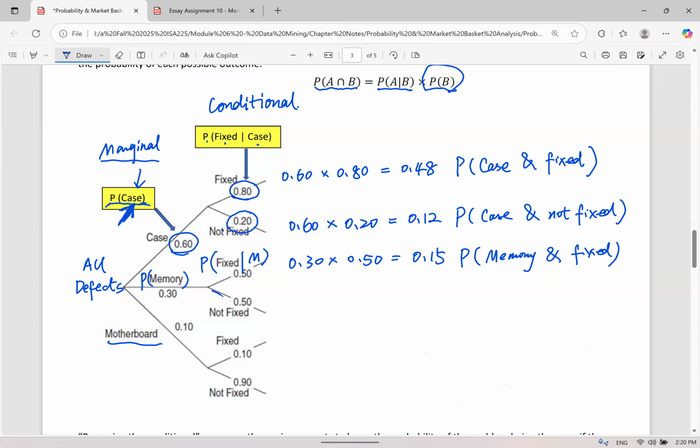The other way, the same thing, 0.30 times this 0.50 gives 0.15 again, but now this is the probability that it is a memory problem and not fixed.